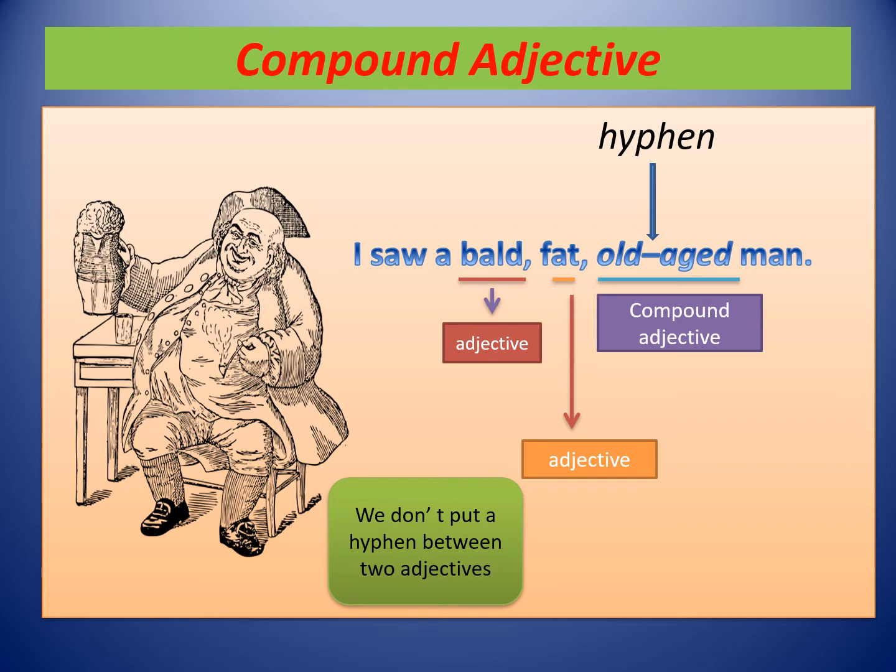So I did not put a hyphen between bald and fat or between fat and compound adjective. I used it only between the two words in a compound adjective. So we have to use a hyphen between two words in the compound adjective, but we should not use a hyphen between two adjectives. So we have to remember this rule. It's a very important rule.